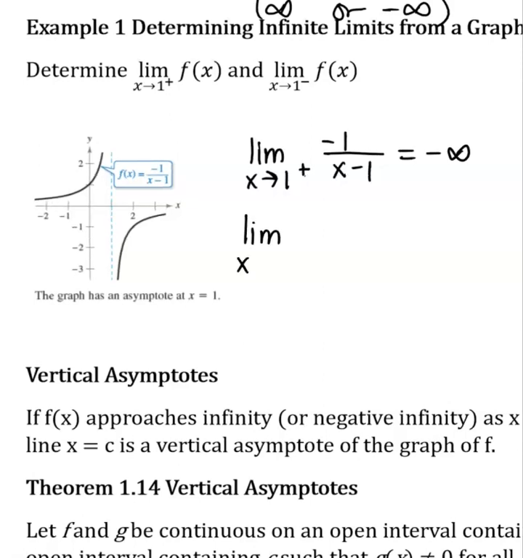Now let's see what happens as we get on the graph and approach 1 from the left. This time I'm going to get on the left side of the graph and move towards 1. 1 is right there. As we do that, we are shooting up towards positive infinity.